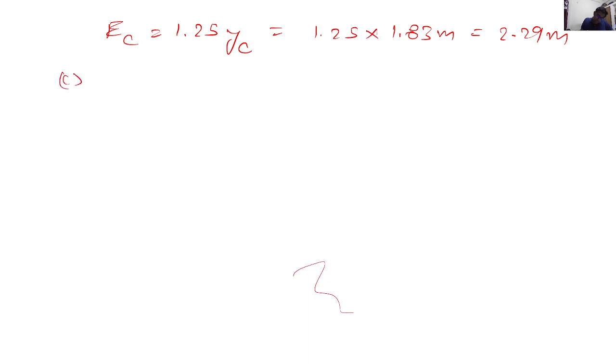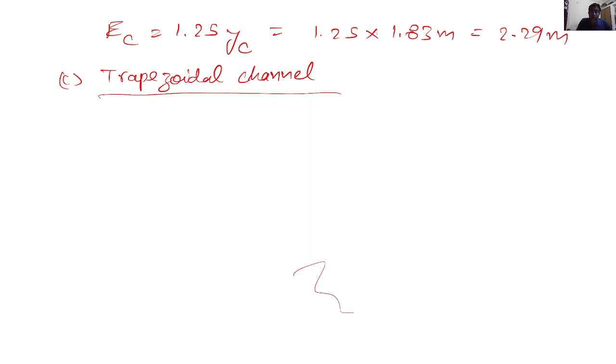Now the third part is about the very much anticipated trapezoidal channel, because many people were asking questions about the trapezoidal cross sections. So let me make a trapezoidal cross section. It would look a bit like this. Let us suppose the depth of the flow is again y.